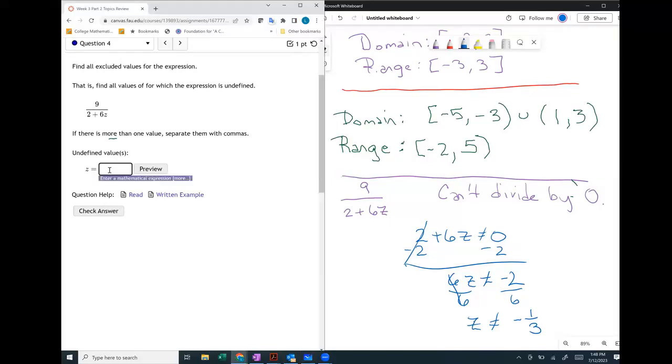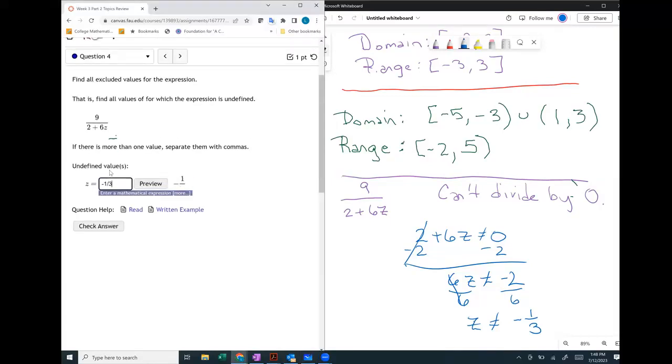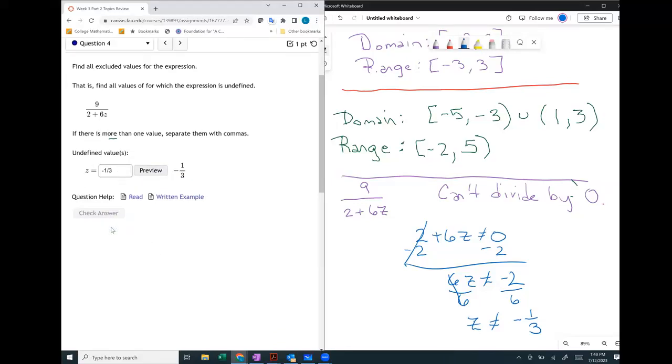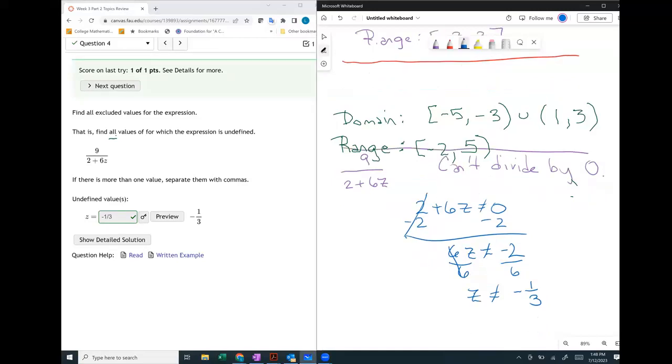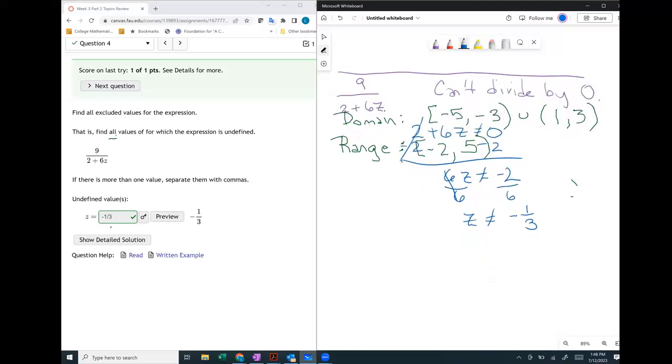What did you say about the 9? I don't know if I missed that part. The 9 has nothing to do with anything, because there's no problem with putting values in the top of the equation, in the numerator. Not an issue. The only issue is the denominator.